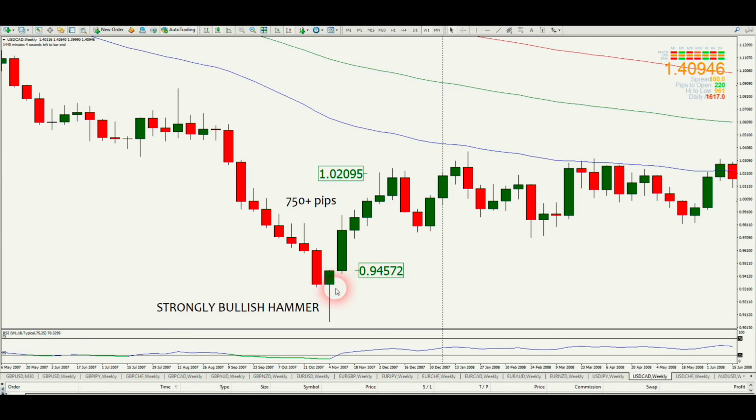So a very strong bullish hammer, and had you opened your trade on this candle and closed it here, you would have banked 750 pips. So not to be sneezed at obviously. So that's your strongly bullish hammer. So let's now look at a bullish hammer.